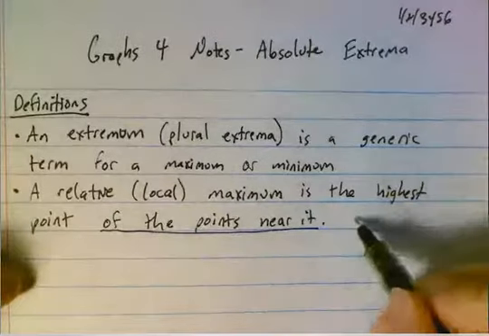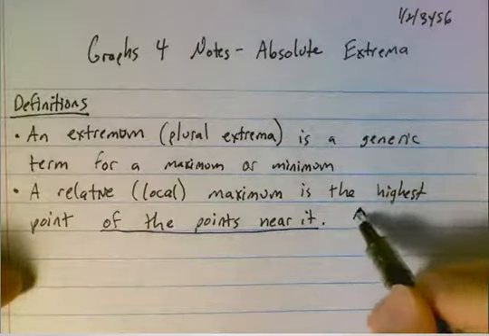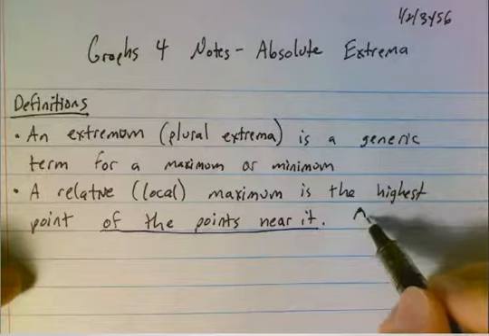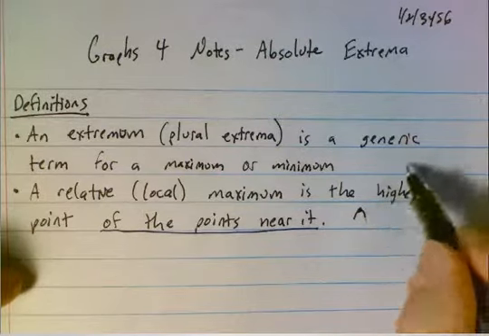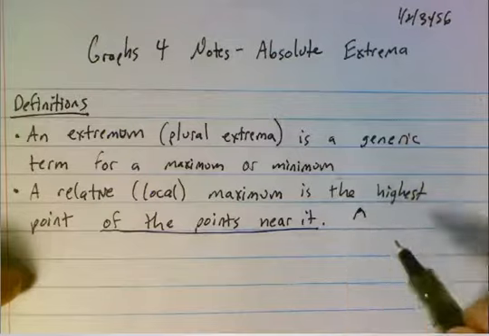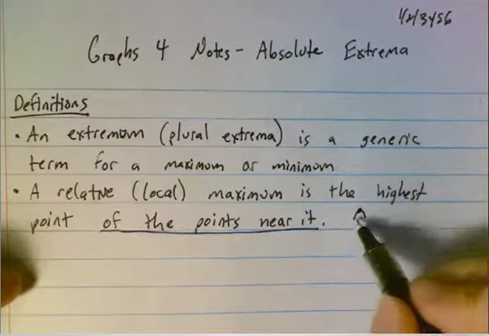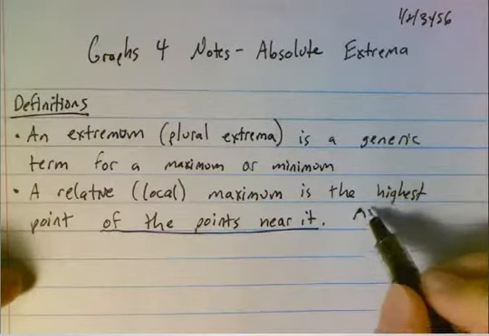So when we drew our little symbol for it, we're just looking at the points right near it. It goes up, stops increasing, starts decreasing. We don't know what's going on over here. Maybe there's a higher point over here, maybe there's a higher point over here, we don't know. A relative maximum is just looking right in this little tiny area.